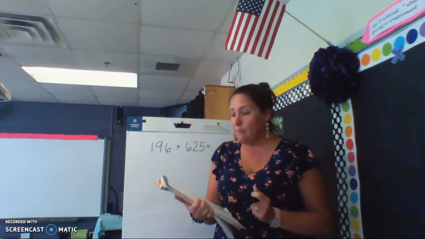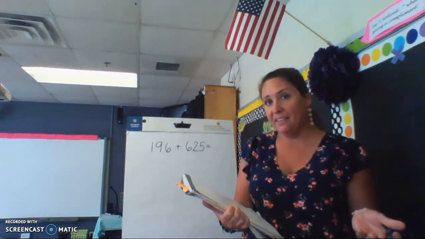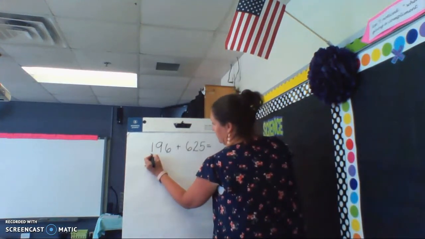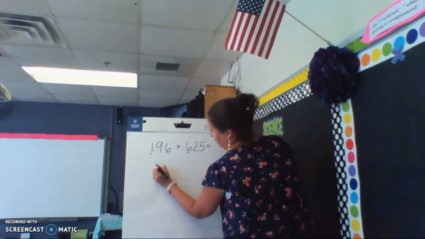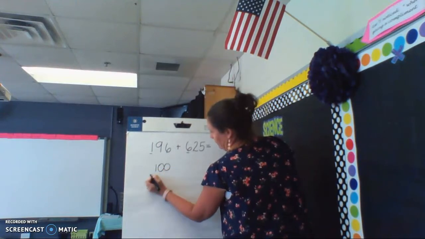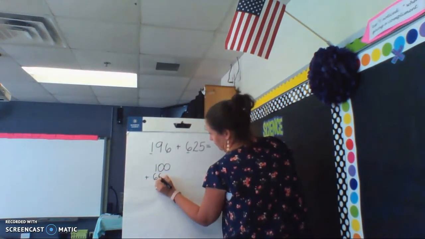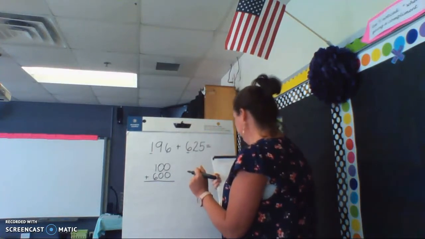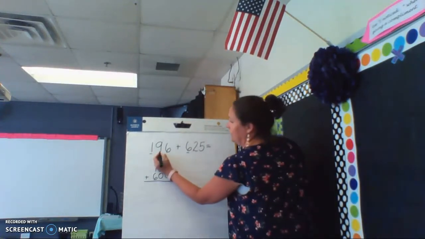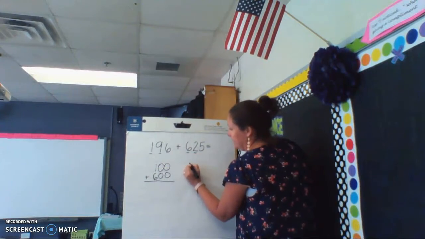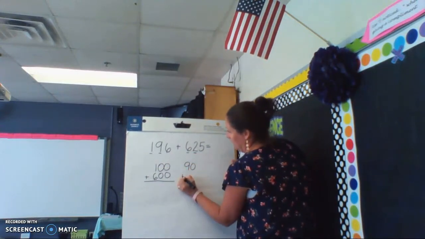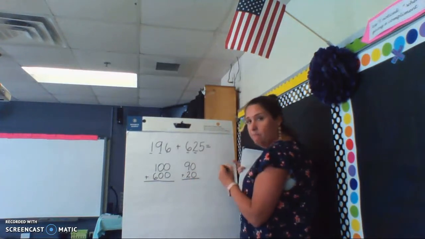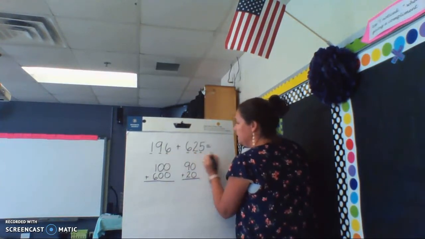Maybe you want to add by the place. That would look like this. So you would add the hundreds place, then you would add the tens place, and then finally, maybe you add the ones place.